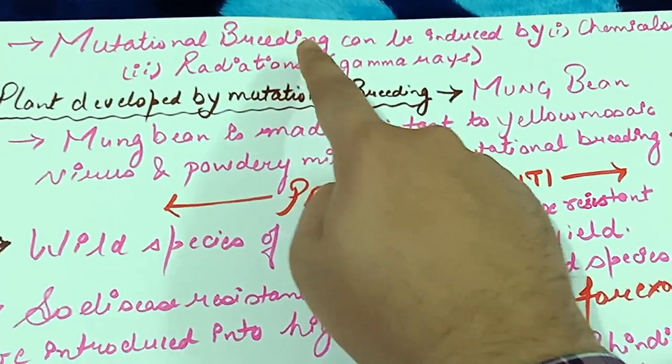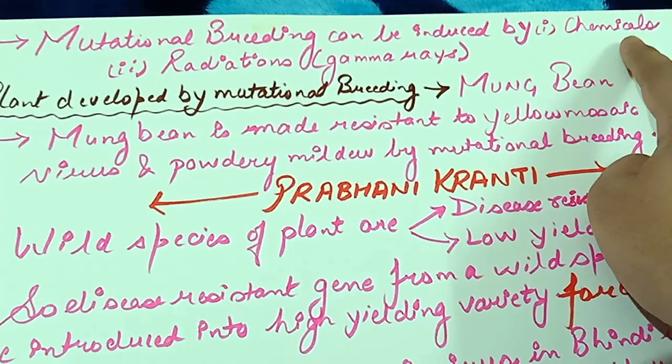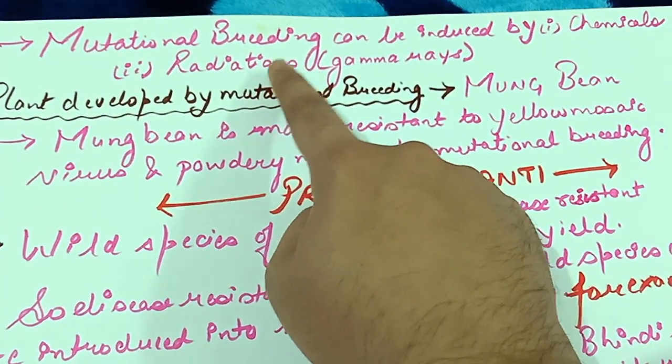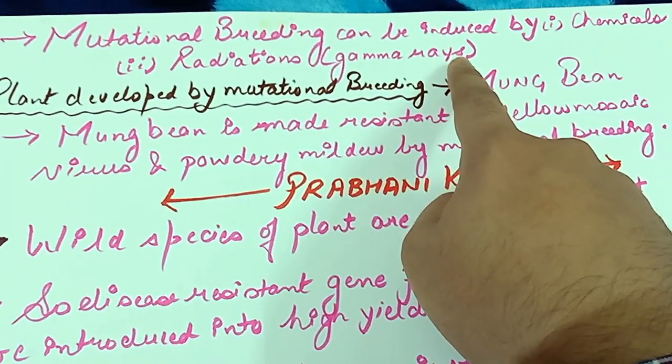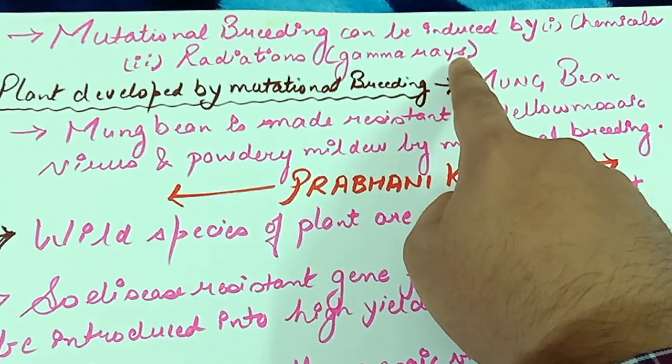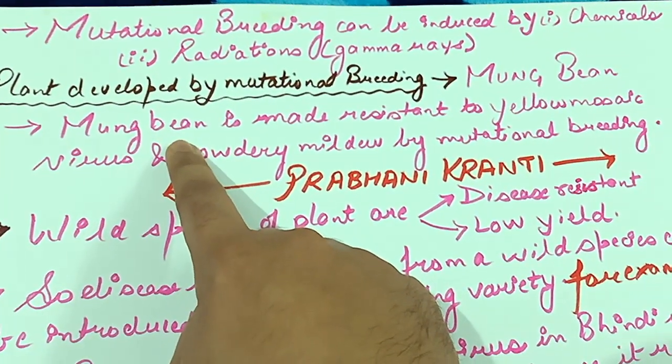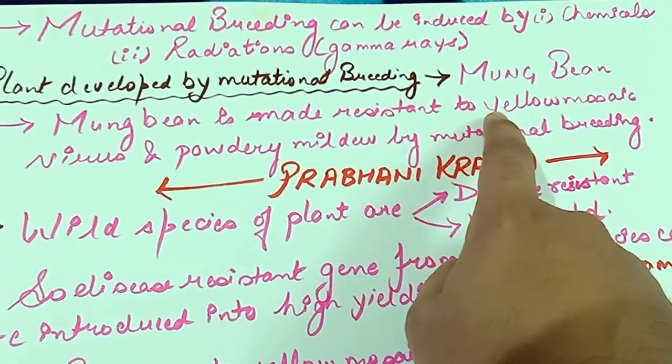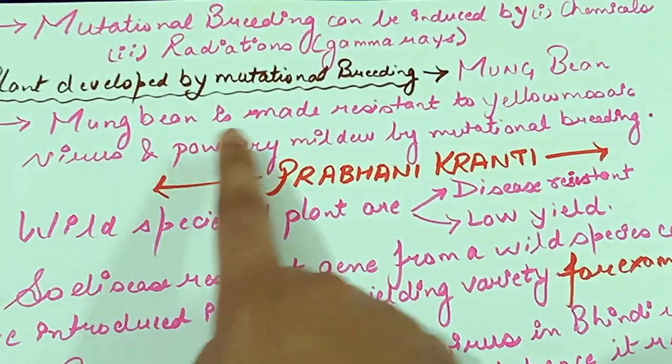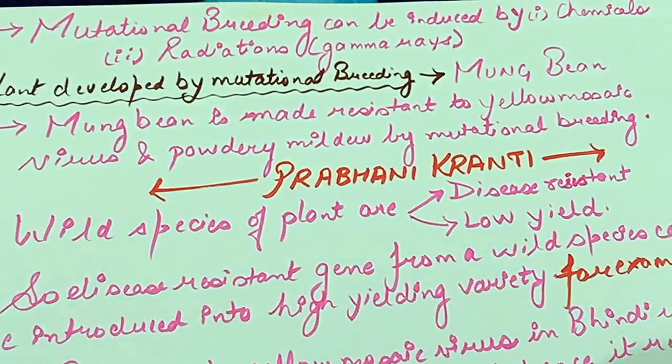Mutational breeding can be induced by chemicals or radiations like gamma rays. By mutational breeding, we have made mung bean resistant to yellow mosaic virus and powdery mildew.